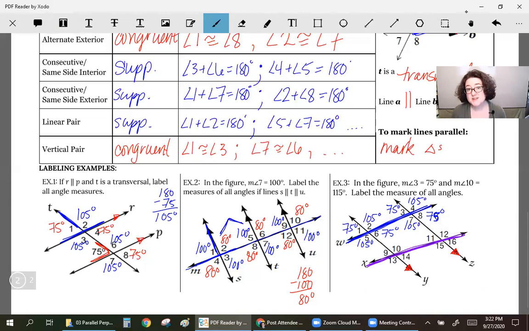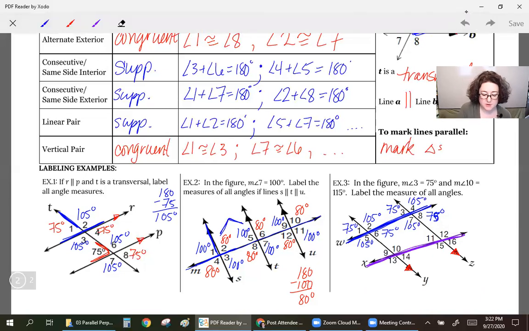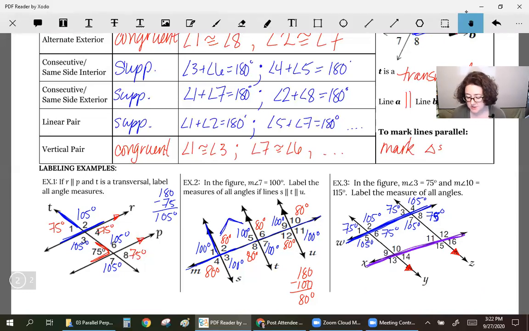But then we're going to look separately at the other transversal. So along our X transversal, we were told that the measure of angle 10 is 115. So again, I can label all of the corresponding or vertical angles. So they're all going to be 115.